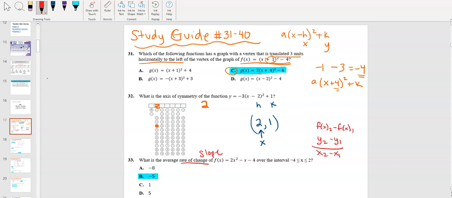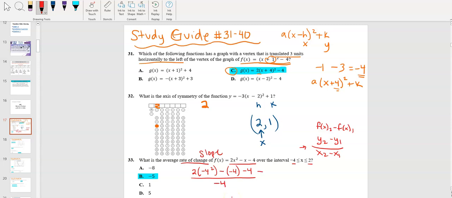So I basically need to take these x values, plug them into my equation, and then put them into this equation here. So I'm going to do 2 times negative 4 squared minus negative 4 minus 4, and I'm dividing that by the x value of 4.